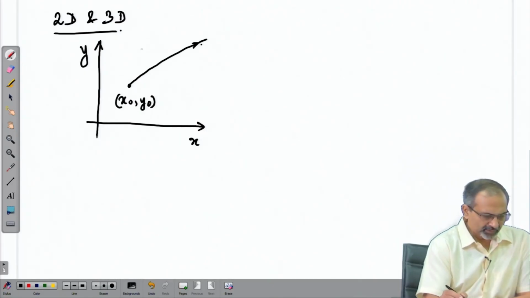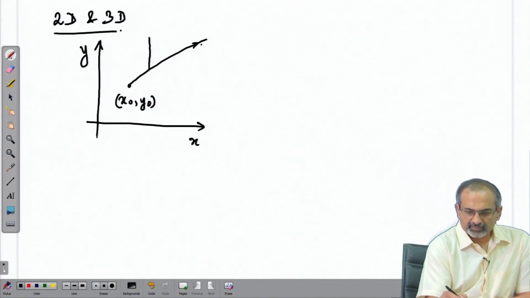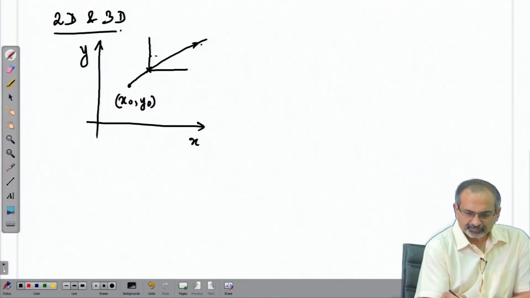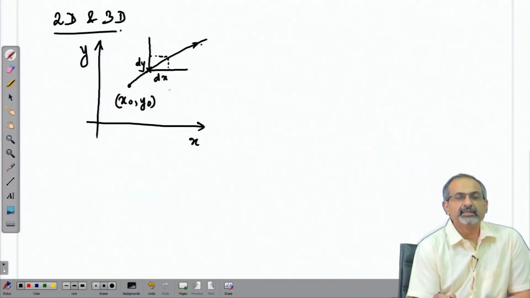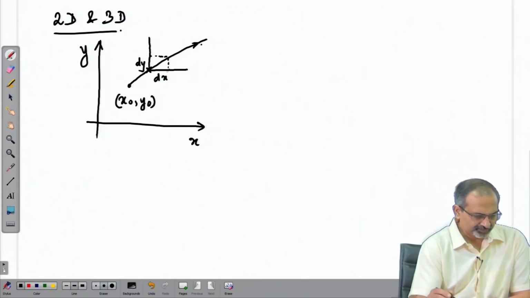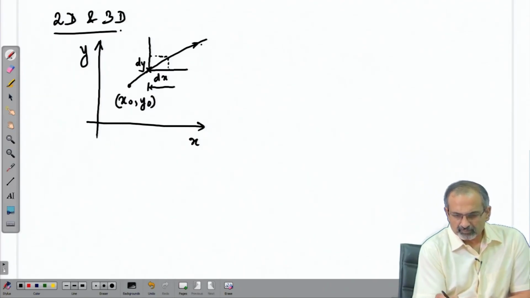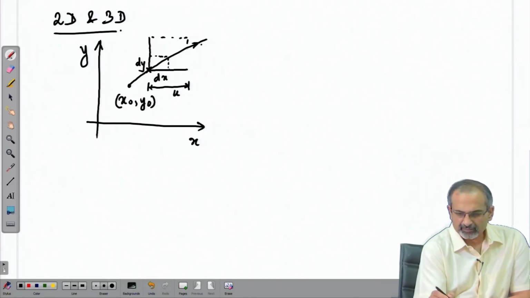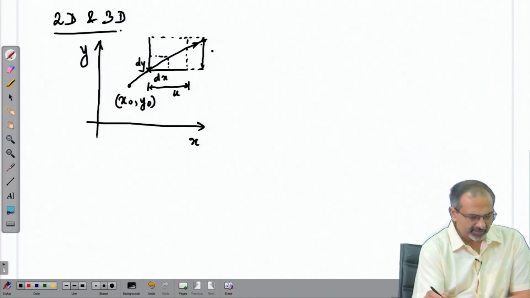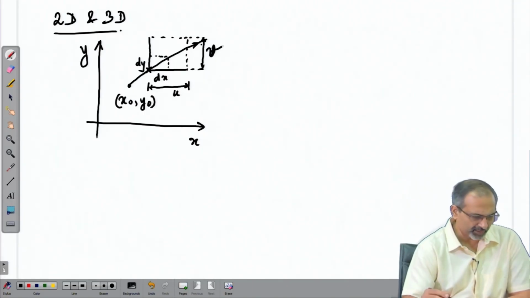So, if you are at a certain point on the streamline, you can draw a small region around that point with dx and dy lengths along the 2 directions, and you will see that the velocity components which exist at that point and the elemental vector ds that you can draw at that point, they are parallel to each other.